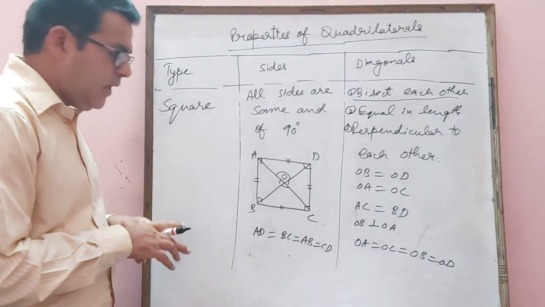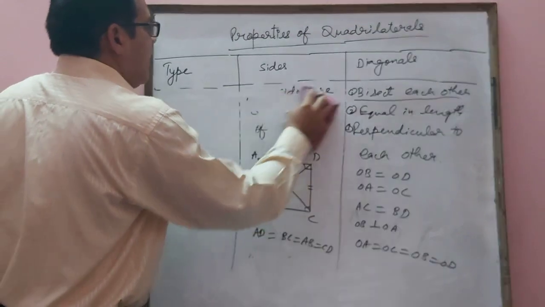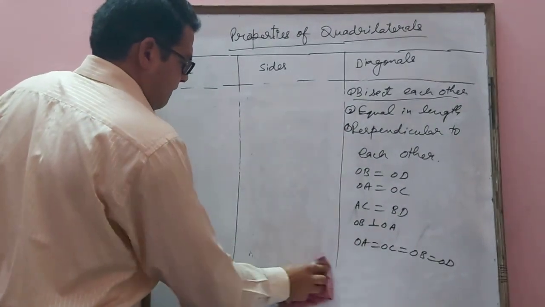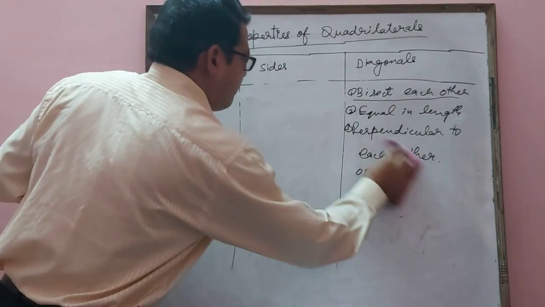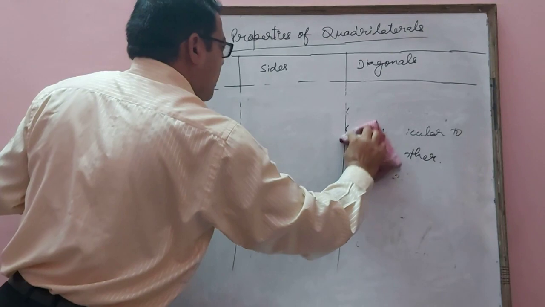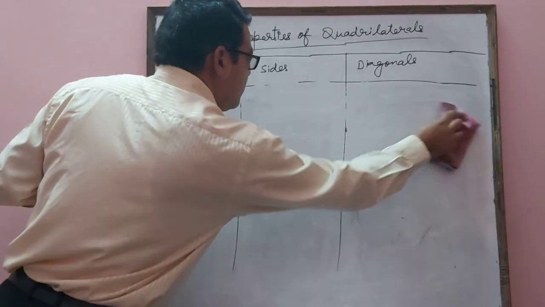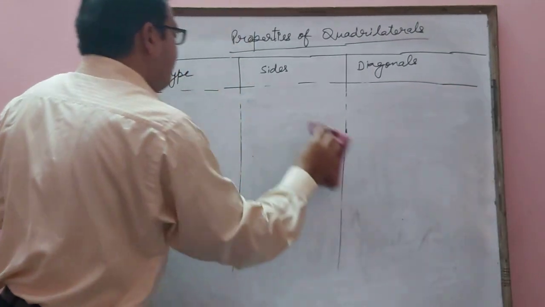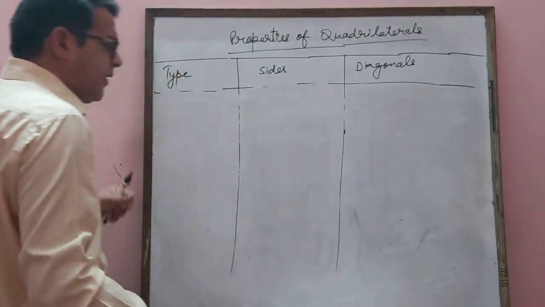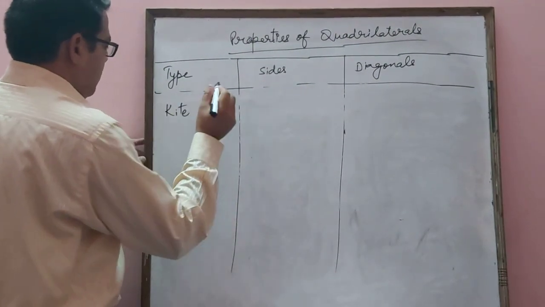Hope you understand. Now one more type of quadrilateral I am taking here, that is kite. Since kite has four sides, it is also a quadrilateral. We have already discussed it in our previous classes. So kite, please recall, what was the definition of kite?